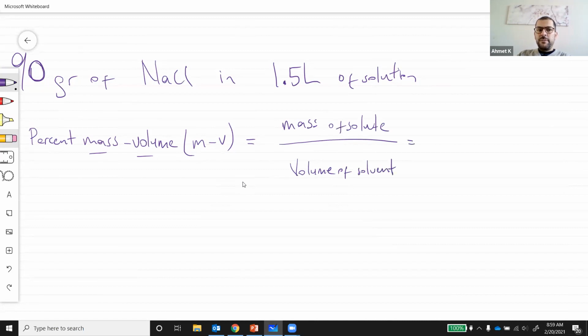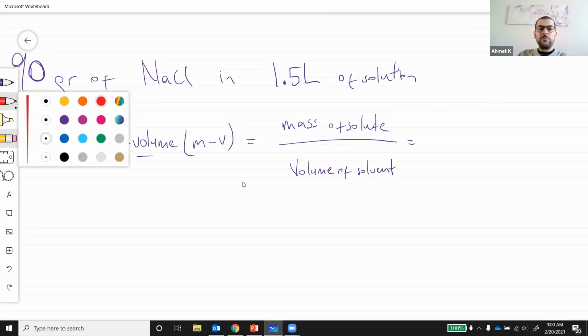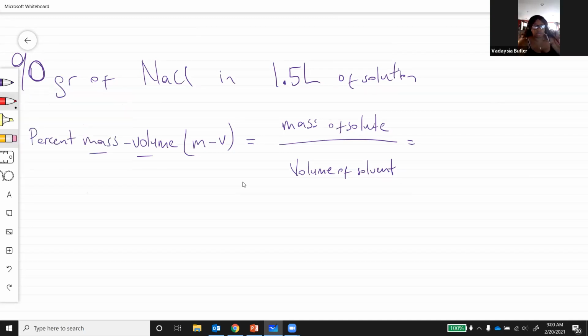The mass of solute is obvious: they are giving 90 grams of sodium chloride. Which one is your solid, sodium chloride or water? Sodium chloride is the solute, 90 grams. Very good.